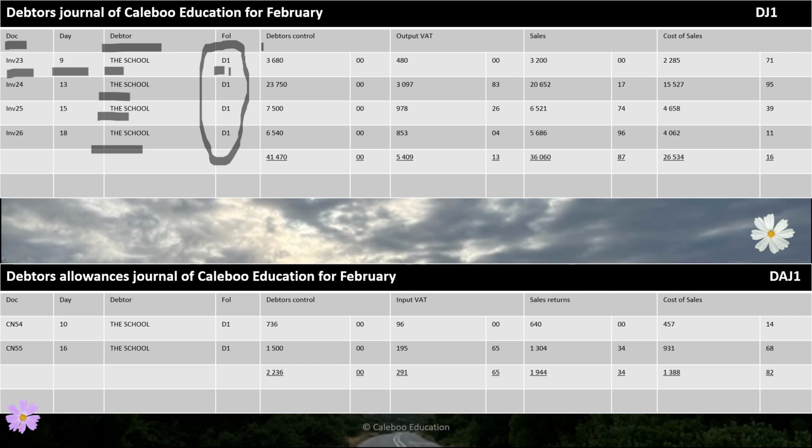There's a column for debtors control. Remember, debtors control is a general ledger account. I will show you the general ledger shortly. And the debtors control account is a summary of all the individual debtors.